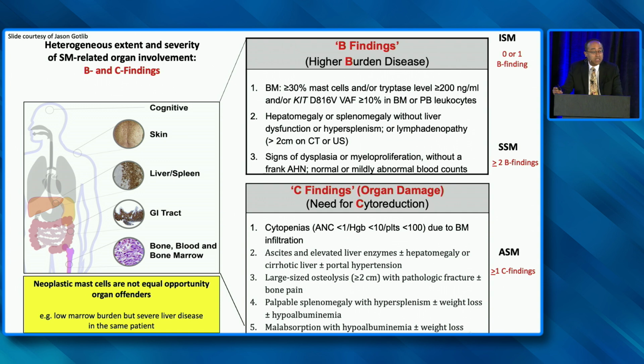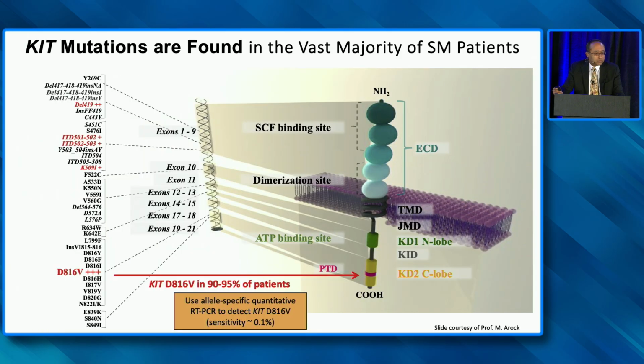Note that the KIT VAF is now considered a B finding because over 10% represents a high burden of disease. Driver mutation in most patients is KIT D816V. This is exon 17. There are a few similar mutations in the KIT gene, but the vast majority are this one. And of course, we are now in the era of very precisely targeted therapies for this particular mutation.